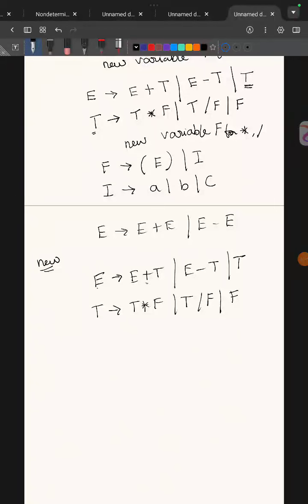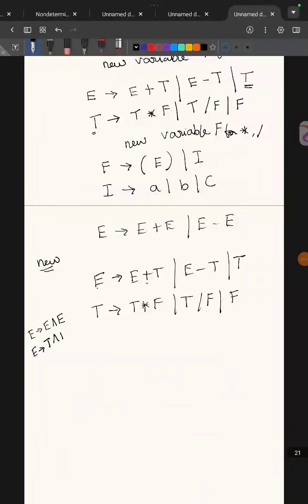Suppose tomorrow you get something like E derives E caps E. If we want to change this one, the new symbol that you introduce will be on the left hand side.